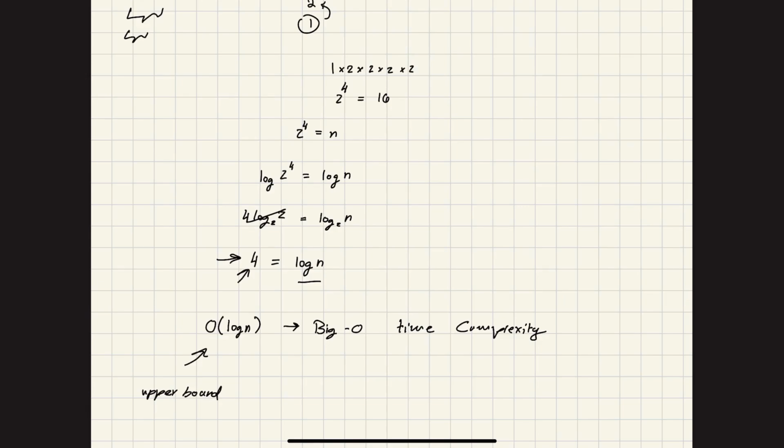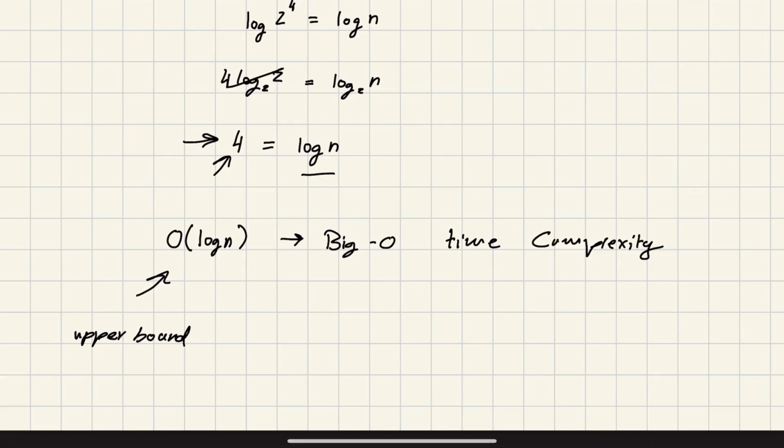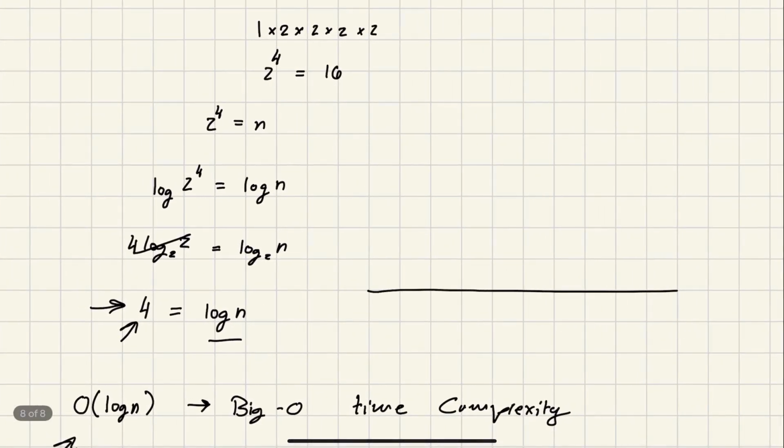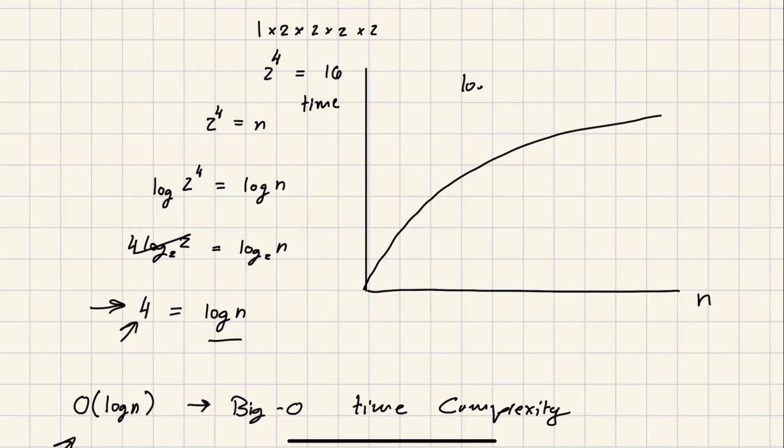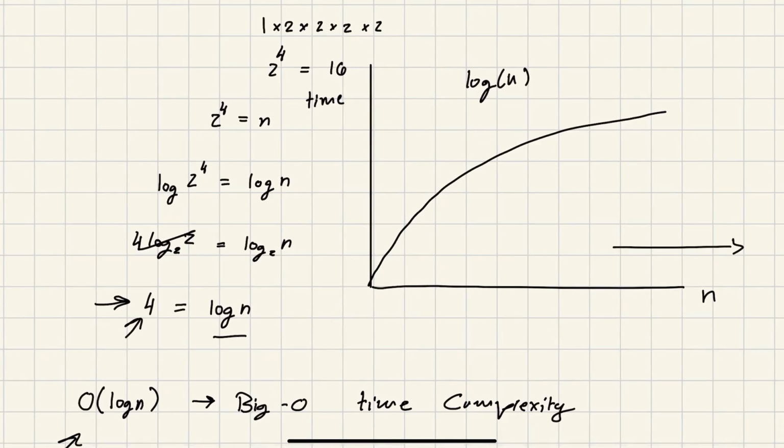But this is a way for us to be able to visualize how the time complexity grows based on the size. Well, this is n right here, and this is runtime, I guess, and this is log of n. And it's not like you can plug in an n and get exactly how much time you'll get, but you can see that for bigger and bigger numbers, log of n doesn't really grow that much, which means that binary search is very useful for big data types, because we can split the array every single time.